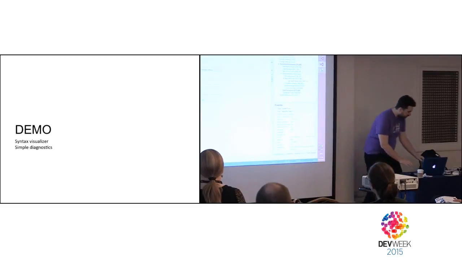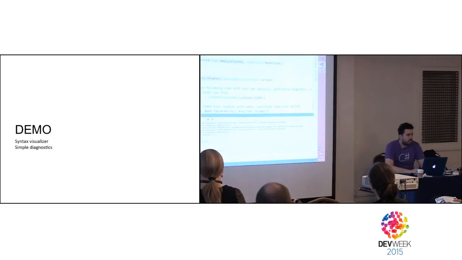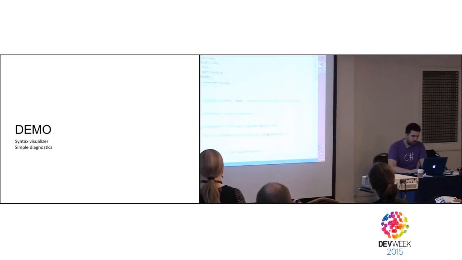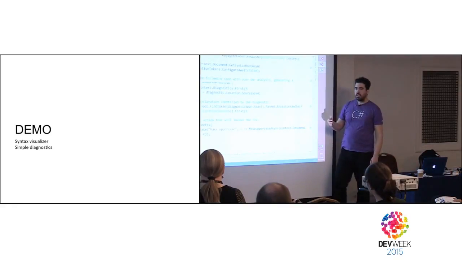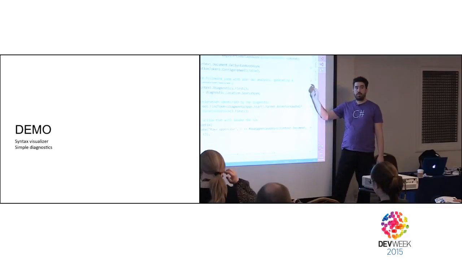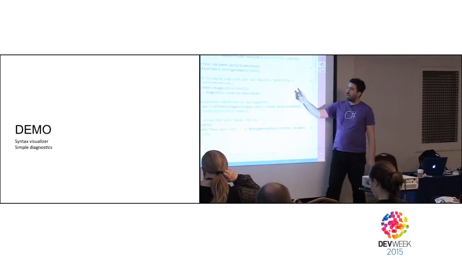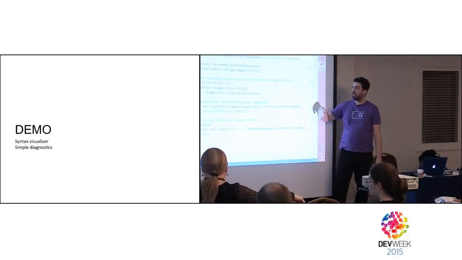Okay, so now let's go back slightly to the code and see the code fix provider. I won't go into too much detail, but basically code fix activates in two scenarios. The first one is for the preview, that's the green one, and the second one is when you actually press enter.